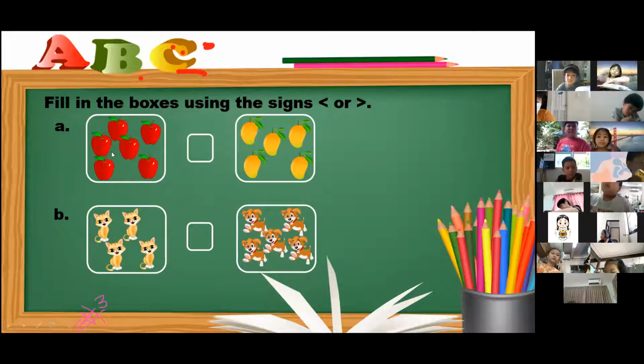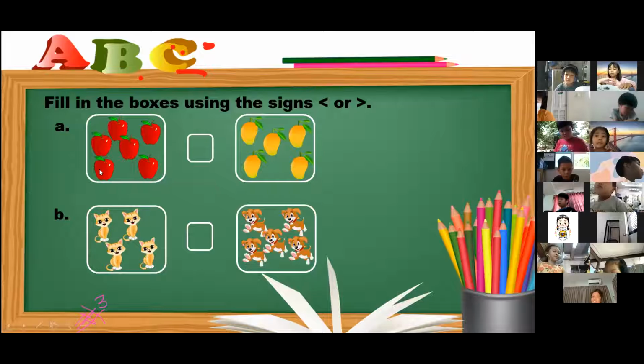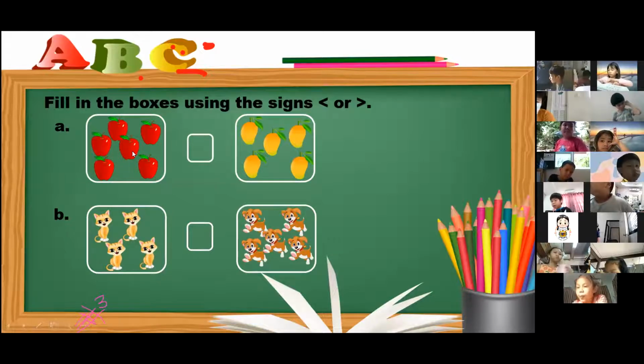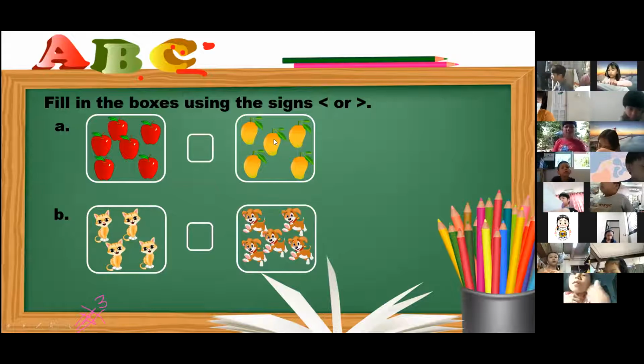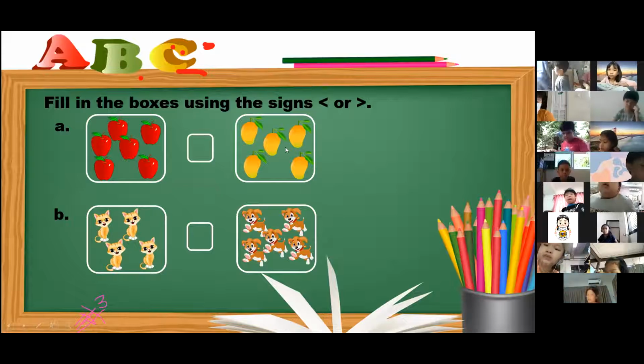How many apples are here? Can you count with me? Let us count the apples. Ready? Go. 1, 2, 3, 4, 5, 6. So there are 6 apples here. How about the mangoes? How many mangoes? Let us count. 1, 2, 3, 4, 5. 5 mangoes. 6 apples and 5 mangoes.